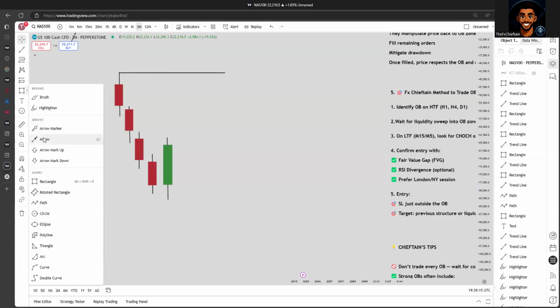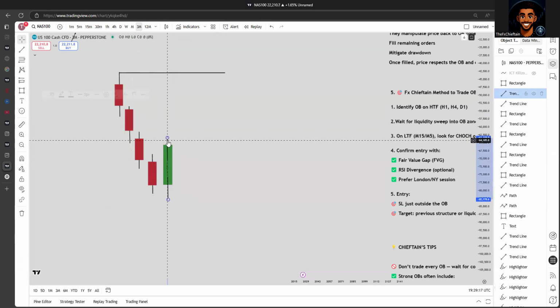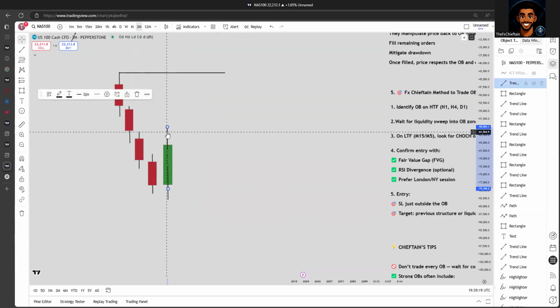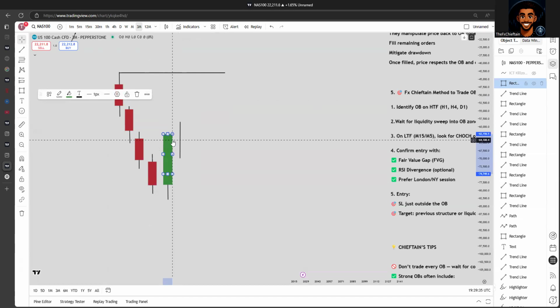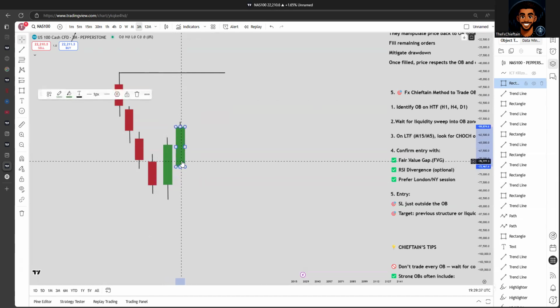Now we have another candle. Let me just clone this. All right, so we have another candle that came in and set about printing even better structures to the upside. You guys will be the one to do the sell side of this thing. Understand? This is what I want you to see on your chart.